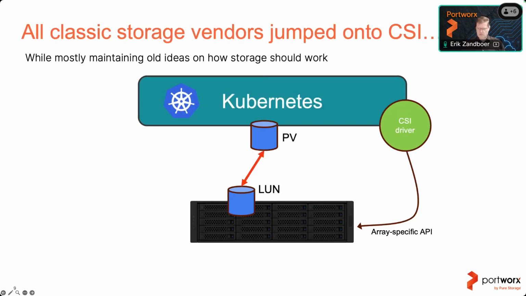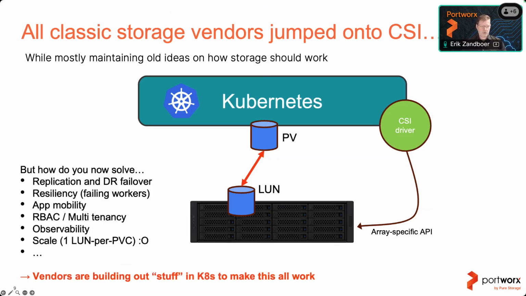So it seems that this would solve all of your problems, right? Because now I can carve out LUNs, I can surface them up as PVs. It's a done deal. Or is it? Because Kubernetes isn't really storage aware. It was never actually designed to be storage aware. So there are some questions. How do you solve things like replication?